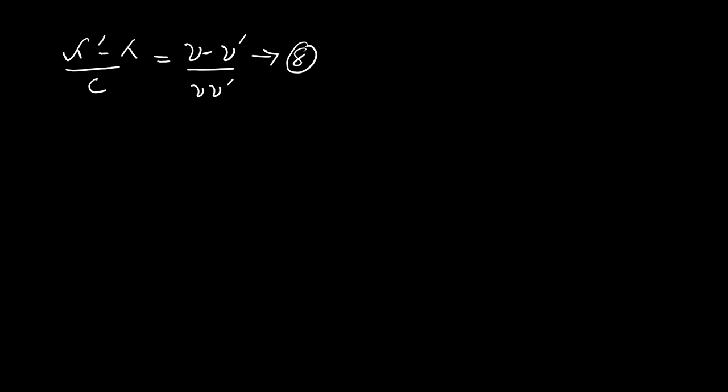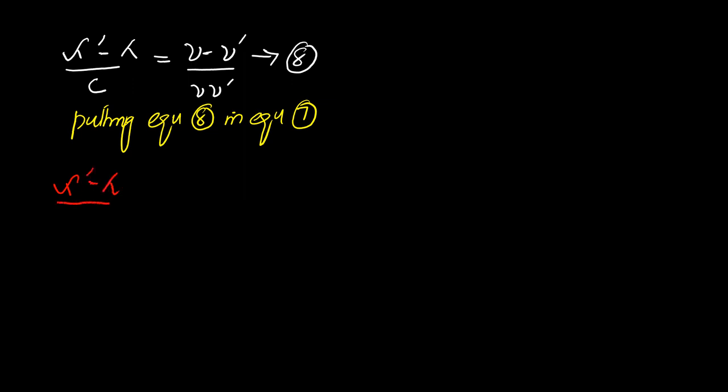So now putting equation 8 in equation 7, we basically get a new equation which is lambda prime minus lambda divided by c is equal to h divided by m naught c square into 1 minus cos of theta.